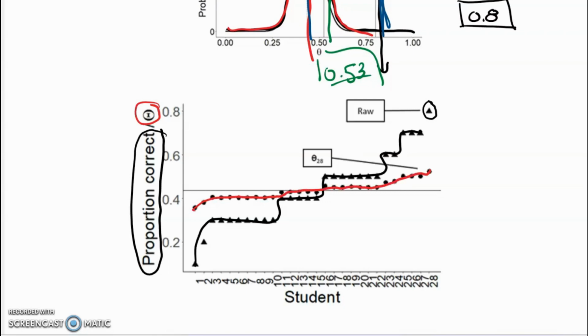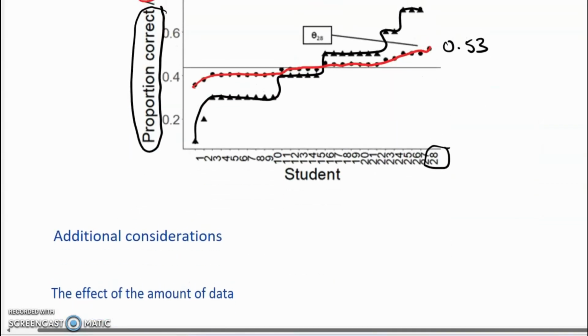And you can see here that in every instance, those values are shrunken towards the mean. So again, the example that we just went over was for student number 28, the raw score was 0.80, but the posterior mean for theta, academic ability, was only 0.53.